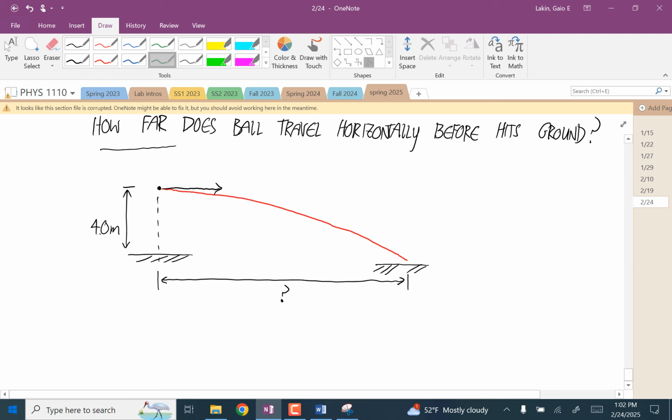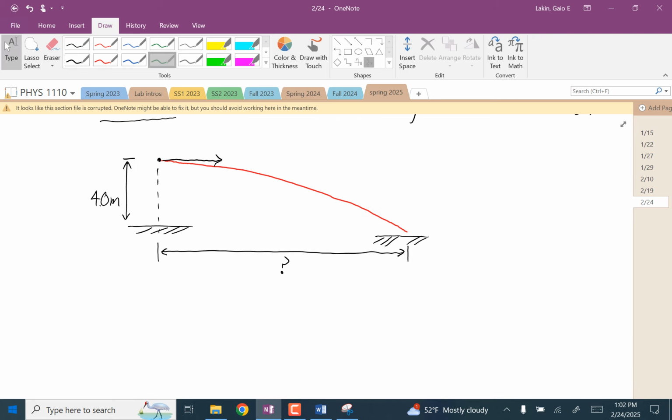Okay, so the first step is we have to choose the time equals 0, time final, and then a couple things about the coordinate system we're going to use. What do you want to choose as our time equals 0 instant? The choices here are made just the same as they were in one dimension. So time equals 0, when are we going to turn the stopwatch on?